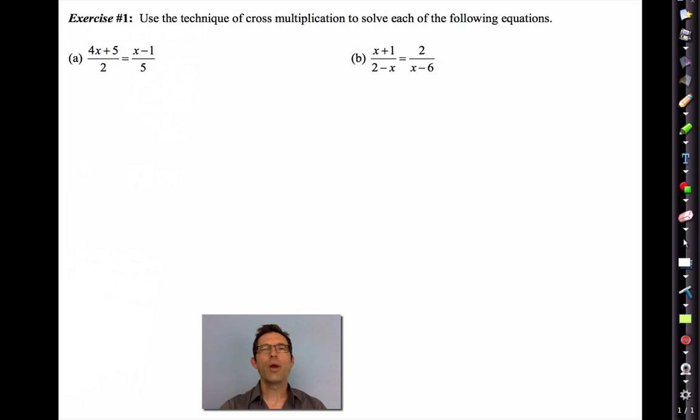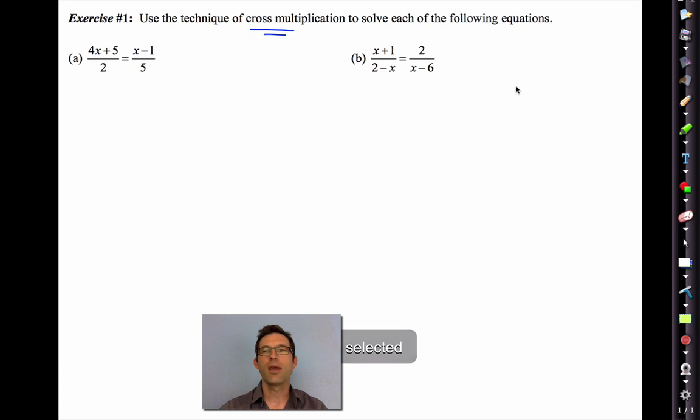All right. One very common thing that occurs in mathematics is solving fractional equations where we simply have a fraction equal to another fraction. And in this case, the technique of cross multiplication works wonderfully.